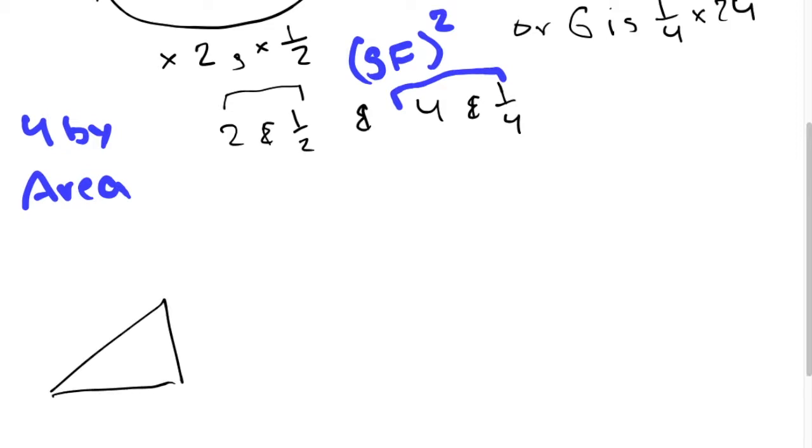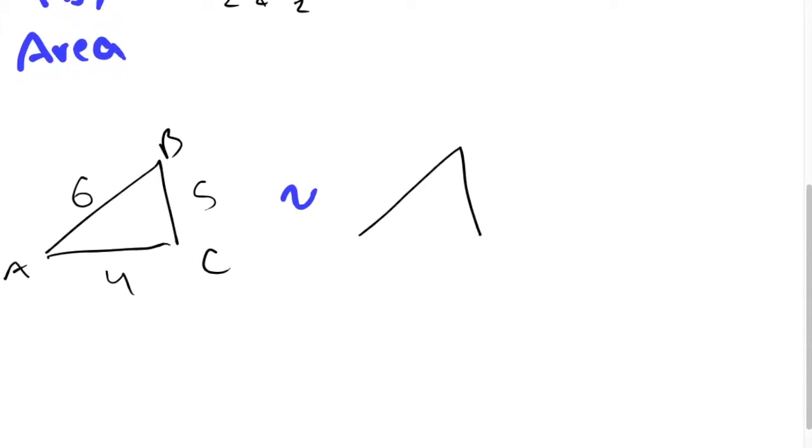So say for example you had the same two triangles. You had triangle ABC, with side AB being 6, side BC being 5, and side AC being 4. And you knew that it was similar to triangle DEF. So I'm going to make triangle DEF over here.